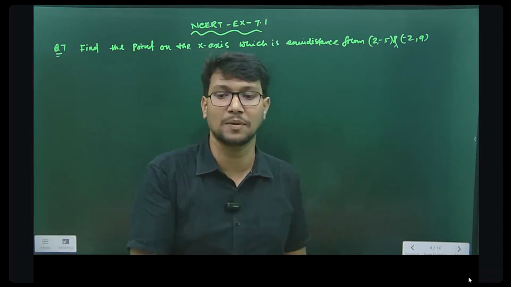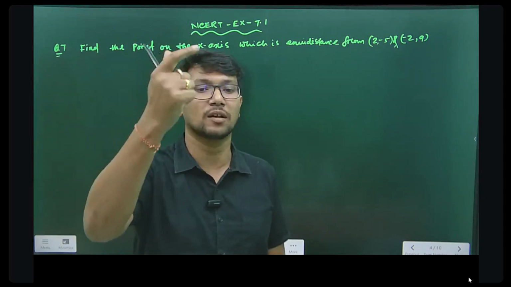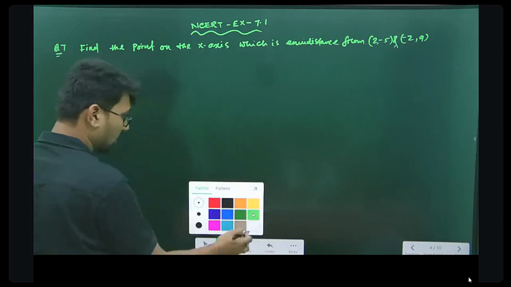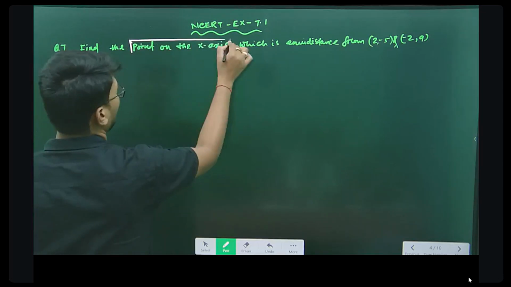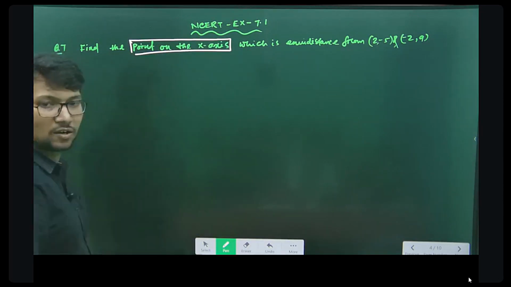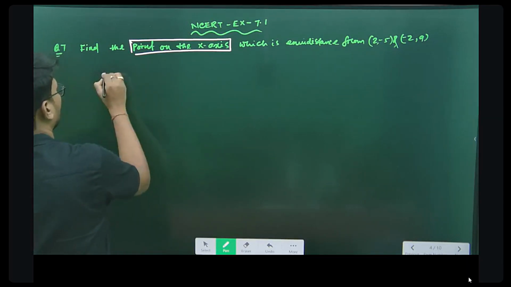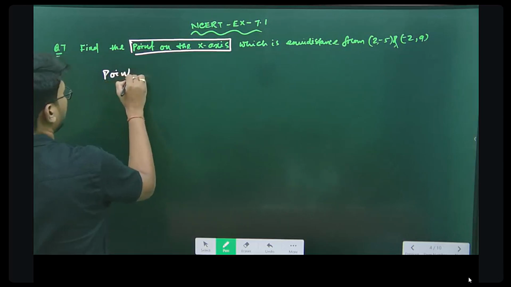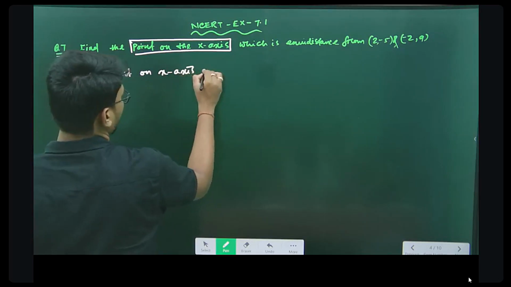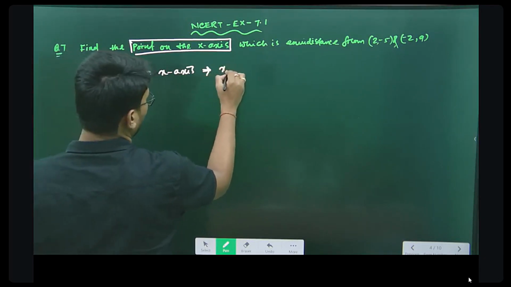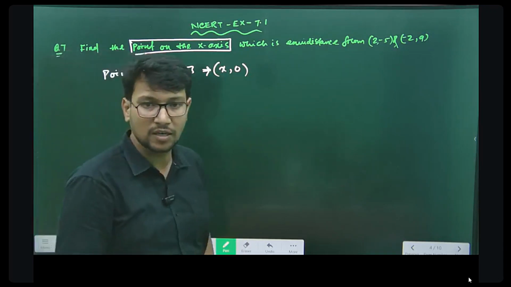That means we will take x0. A point on x-axis means the coordinate is what? x0. Understood, everyone? Point on x-axis means the coordinate of that point is what? x0. Are you clear?